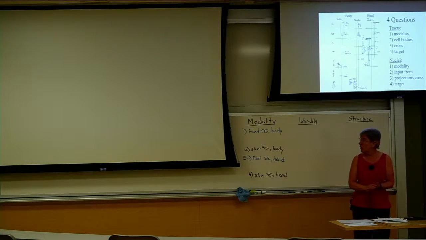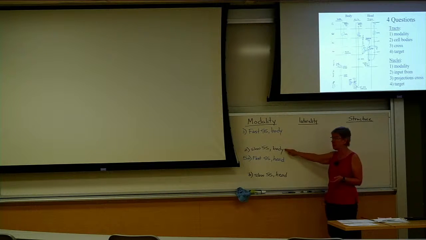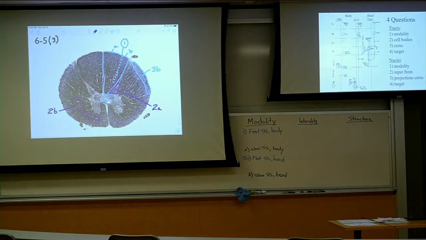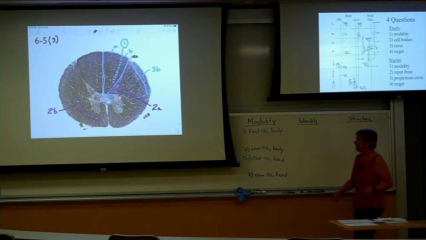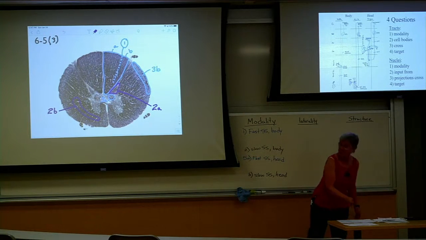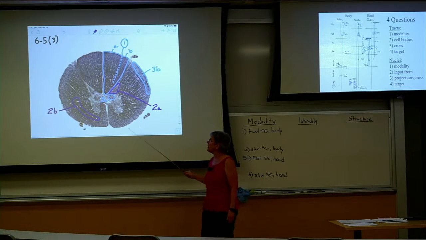All right, so as I said, we're going to go over the pathways for fast and slow somatosensory information for the body and fast and slow somatosensory information for the head. This is also on your handout. And we already went over the structures labeled on this thoracic section of the spinal cord.